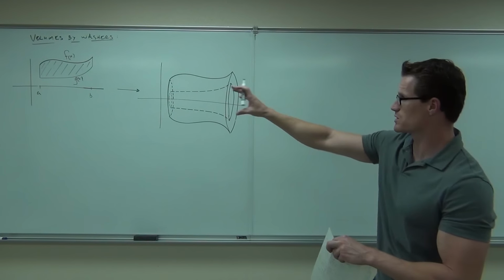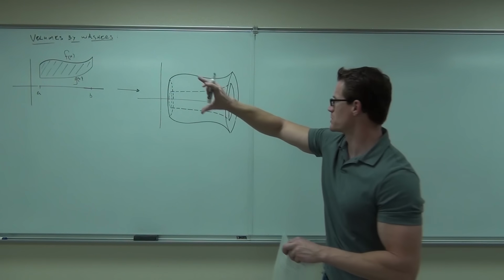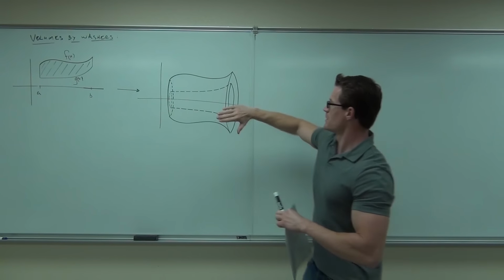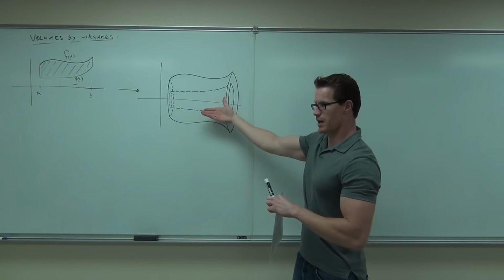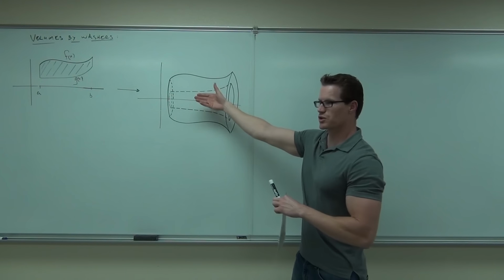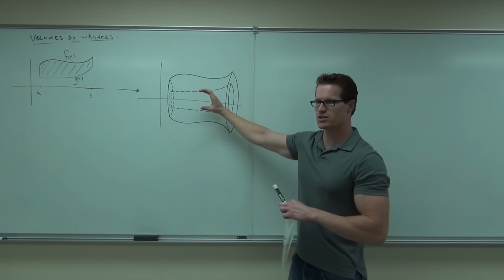Can you see that that's the rotation? If I rotate that out, what it makes is some outer surface, and then some inner surface where the inside of that inner surface is actually hollow.